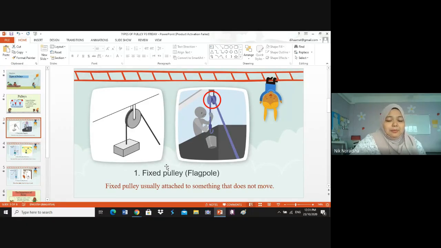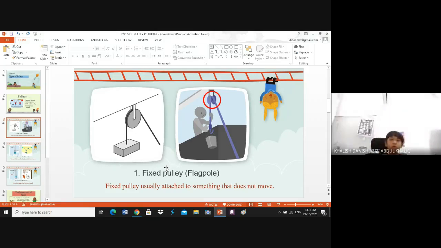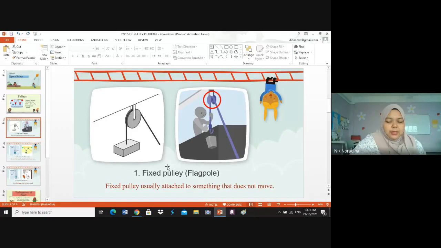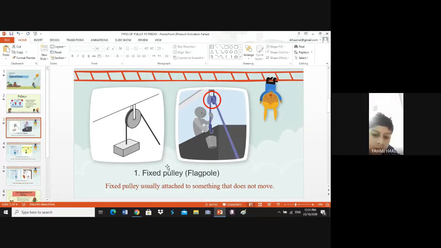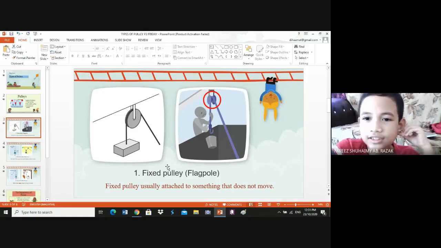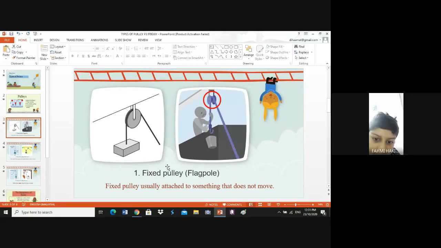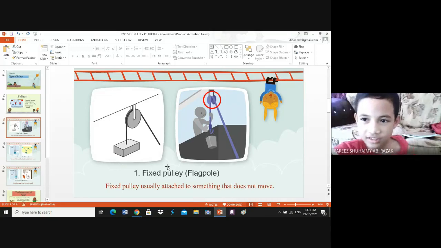So remember, Teacher, do we draw or not? Your friend already asked me just now. I cannot see, Teacher, I have an eyesight problem. I can see very well. Teacher, I want to go to the toilet.